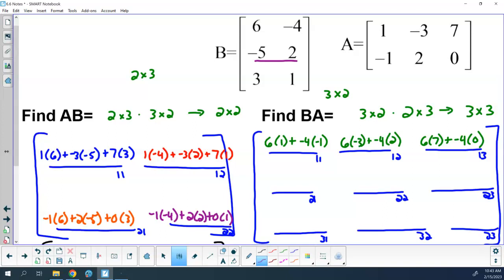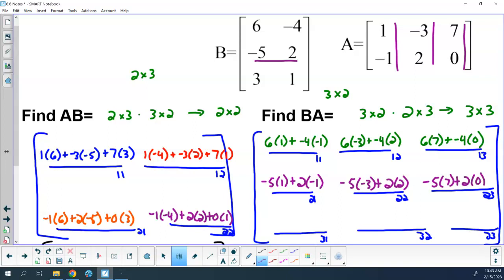Row 2, column 1: negative 5 times 1 plus 2 times negative 1. Row 2, column 2: negative 5 times negative 3 plus 2 times 2. Row 2, column 3: negative 5 times 7 plus 2 times 0.